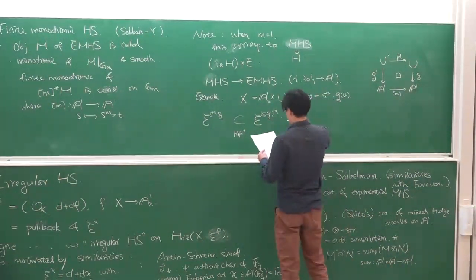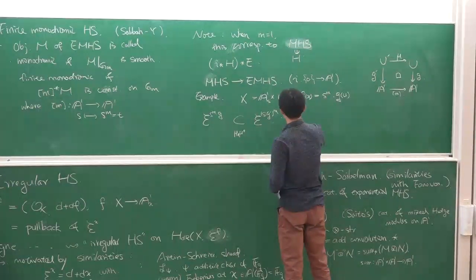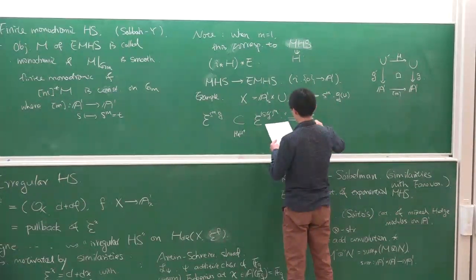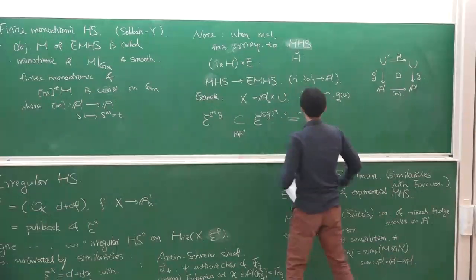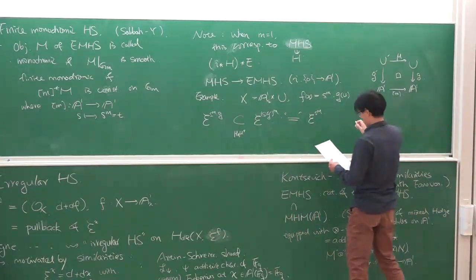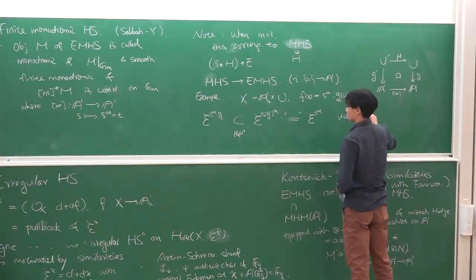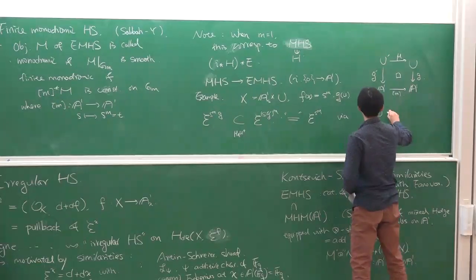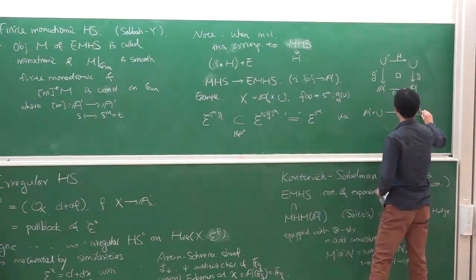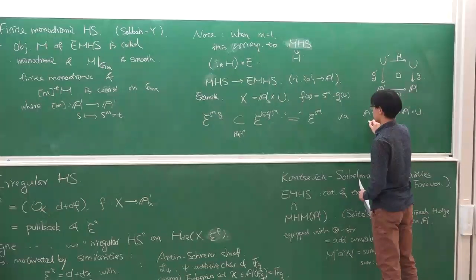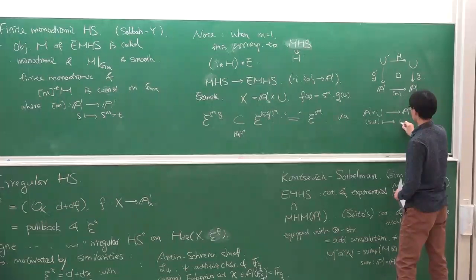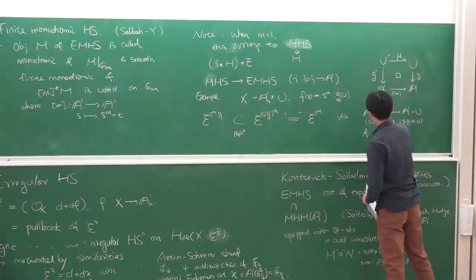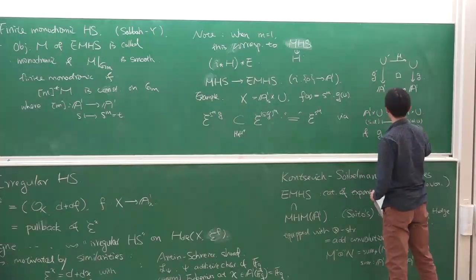But then this is just exponential of s to the power n. So why is that? You just do the change of variable. You have A1 times U, A1 times U, and here you have the coordinates u, and then you just change your coordinates to s times u, if g is nowhere vanishing.